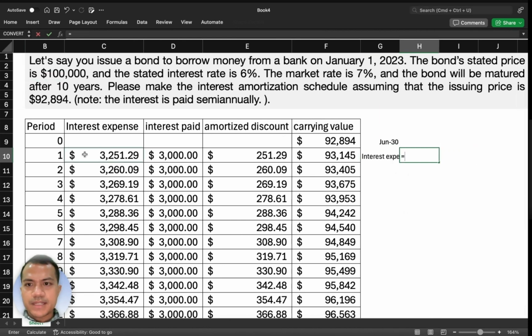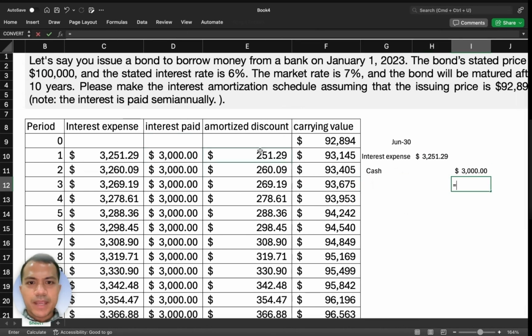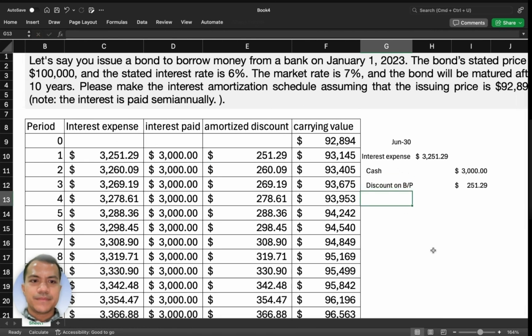The interest expense is this number. Then the credit side has to be cash, which represents the interest that you paid. And then for the remaining amount, you write discount on bonds payable. This one represents this.